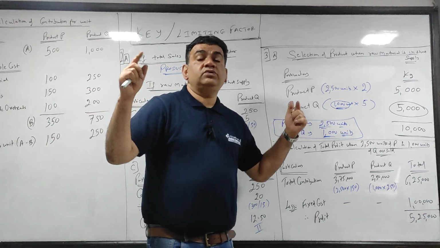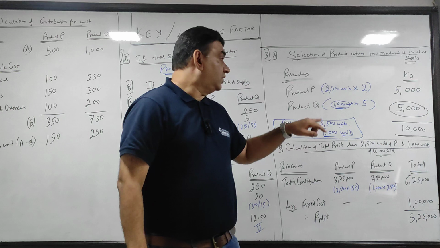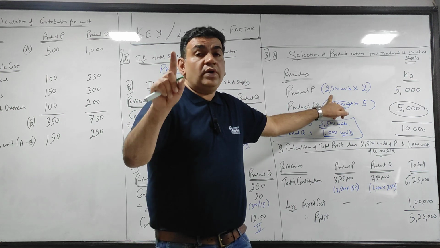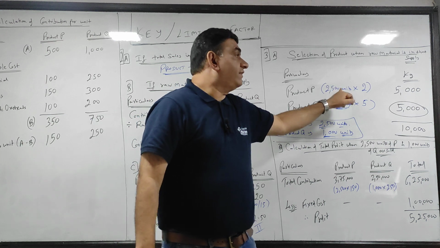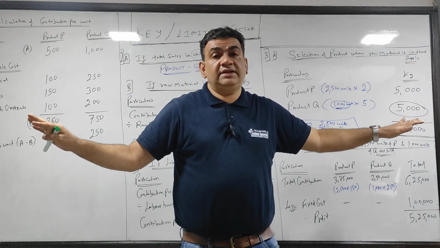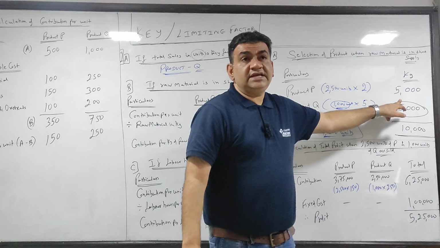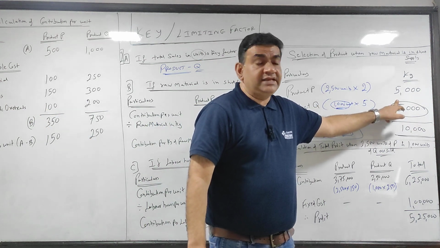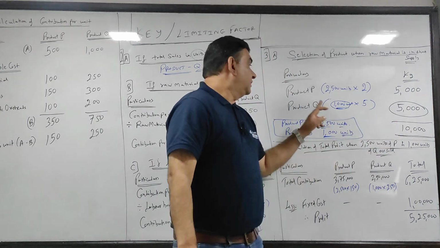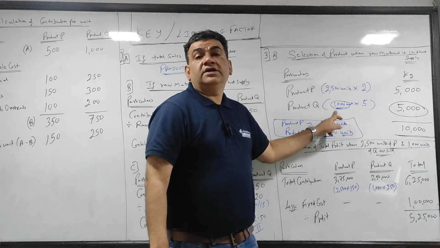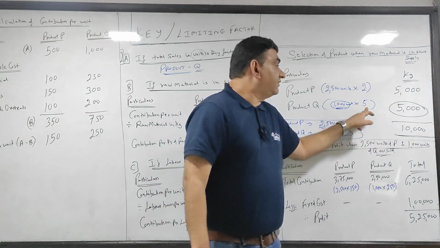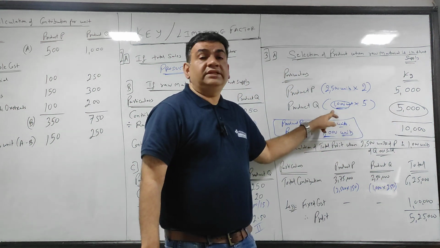So पूरा का पूरा 2500 P का manufacture करो. To manufacture 2500 units of P, 1 unit को 2 किलो लगता है तो 2.5 को लगेगा 5000. मार्केट में खाली 10,000 अवेलेबल है केजीज. सो उसमें से आई यूज 5000 फॉर पी. सो 10 माइनस 5 क्यू के लिए खाली बचता है 5000 and product Q 1 unit requires 5 kg of material. So what I'll do, 5000 divided by 5, Q 1000.